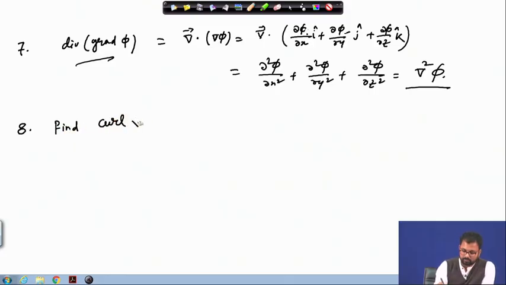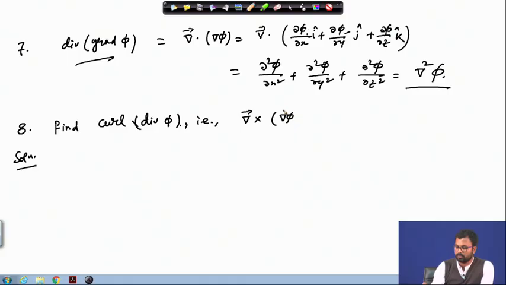curl of gradient of phi. So, the solution: curl of gradient of phi means we have to find nabla cross product with gradient of phi.